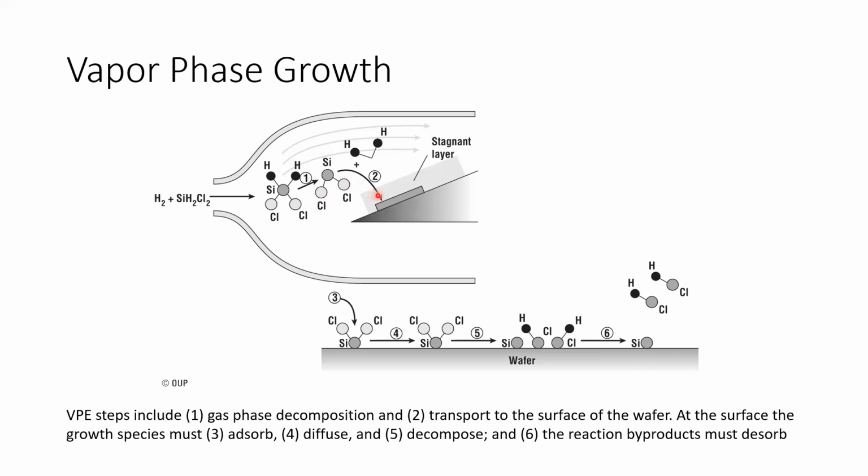At the surface, the species must absorb, diffuse, decompose, and react. Finally, the byproduct is desorbed and transported outside of the chamber. The full process is very similar to what we discussed for APCVD.